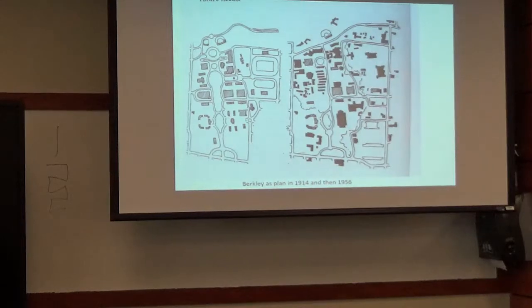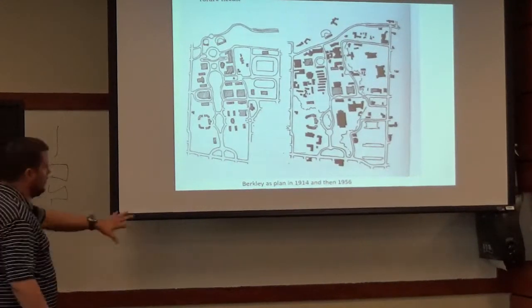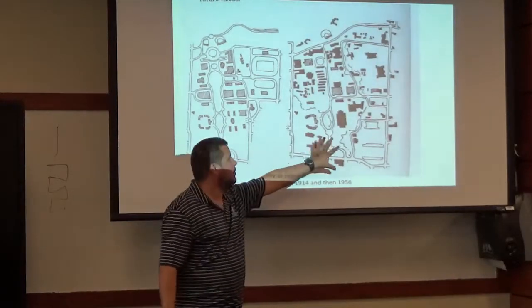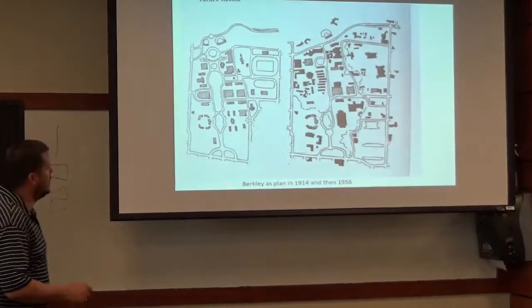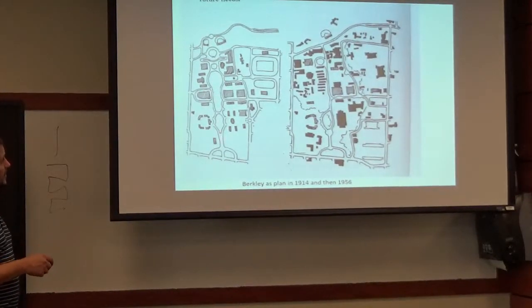So I pulled out Berkeley because this is the example in the book. Different setups, 1914, and about 40 years later. We can still see structures. This is kind of the corridor, and this is kind of the same corridor, but there is a rebuild and add-ons in there, with original structures here.